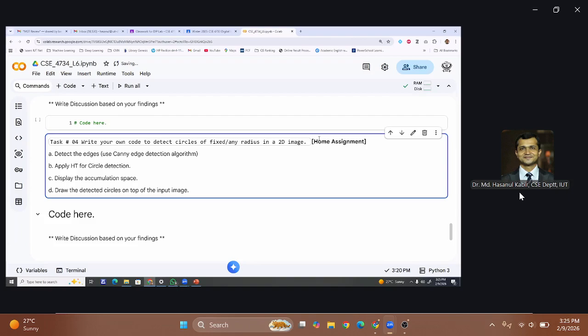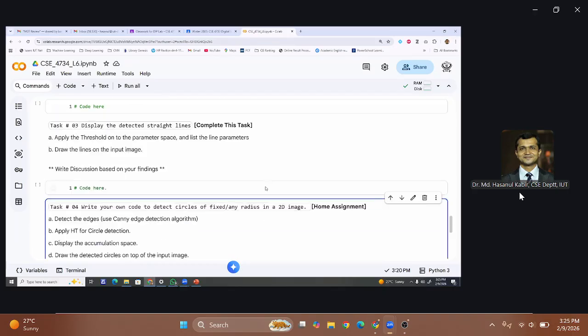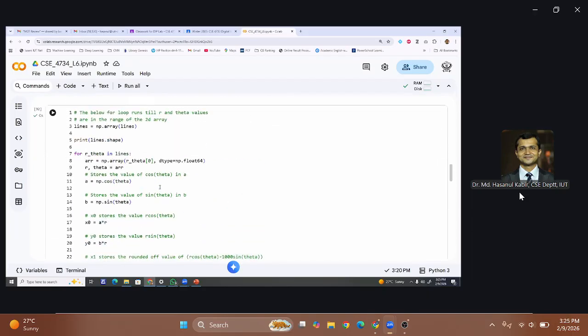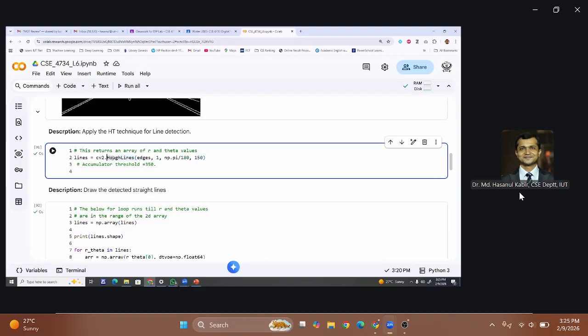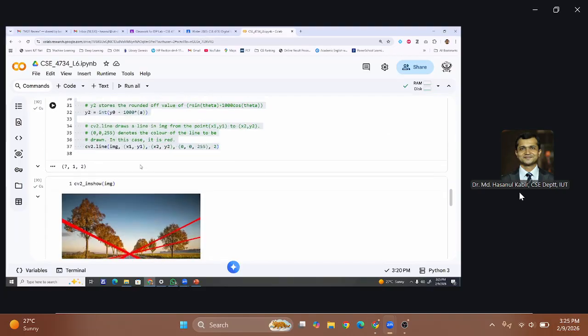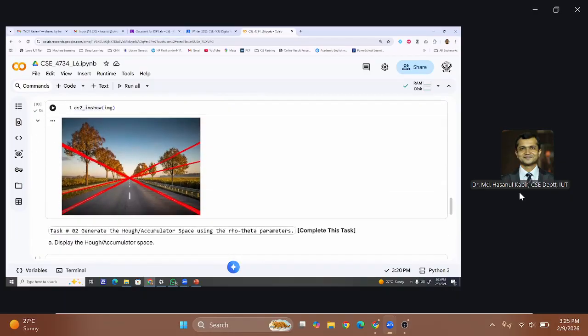This is a home assignment. This is what you have to do. I will give you some time, let's say 10 days, and within the 10 days you have to implement the Hough transform. But in today's lab, you have to just rewrite the code. That means you have to implement the Hough transform for detecting lines by yourself. Any questions?